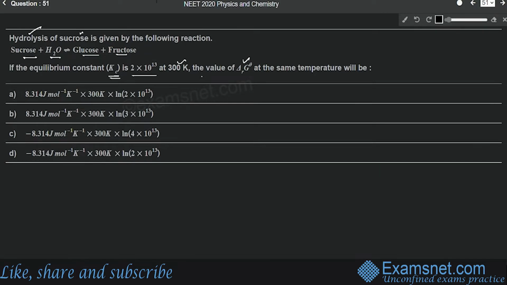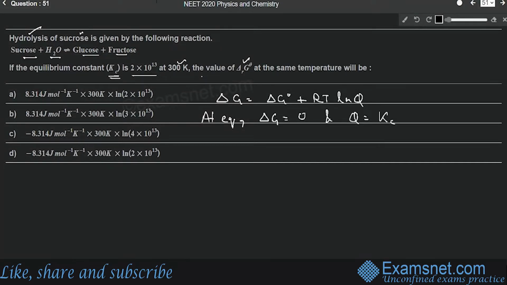So we have to find out delta G naught. Now we know that delta G is equal to delta G naught plus RT ln Q. And at equilibrium what happens? Delta G becomes 0 and Q is equal to Kc, where Kc is the equilibrium constant.